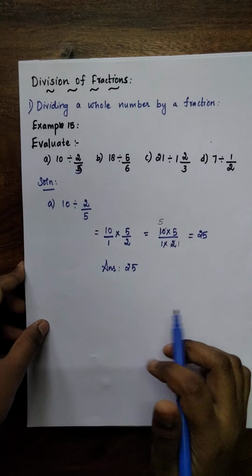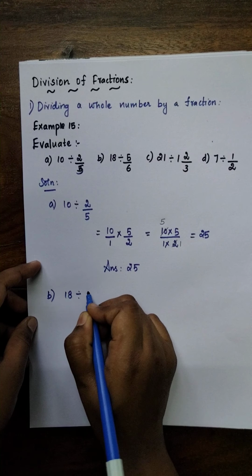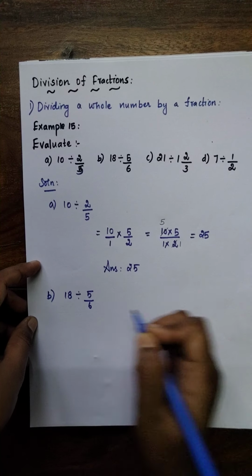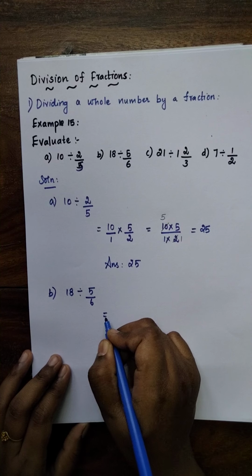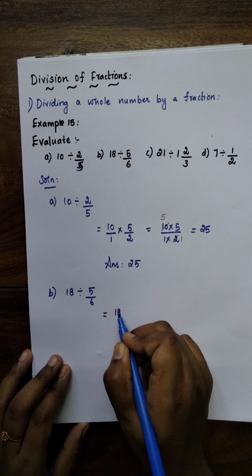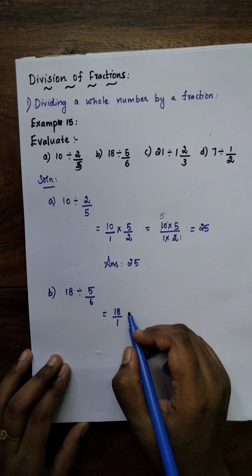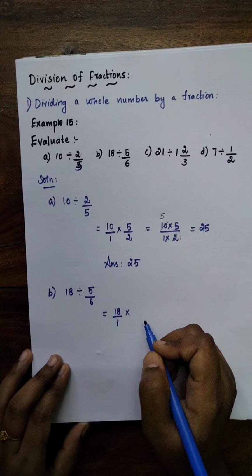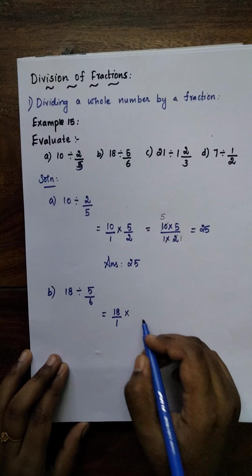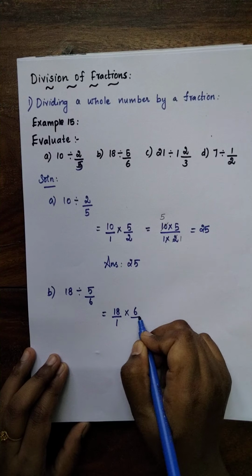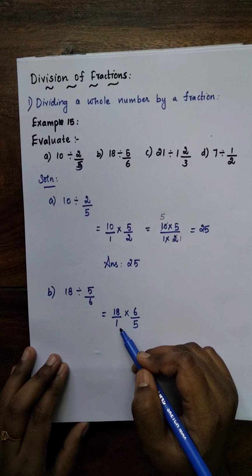Then our second question, 18 divided by 5 by 6. What is the first step? Write the whole number as a fraction, 18 by 1.